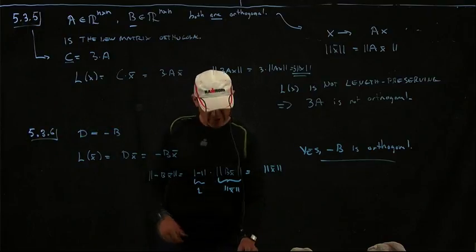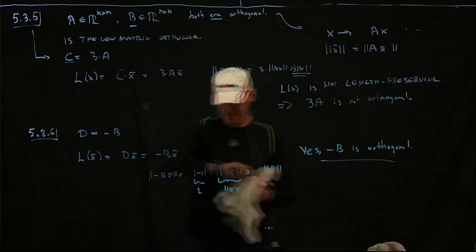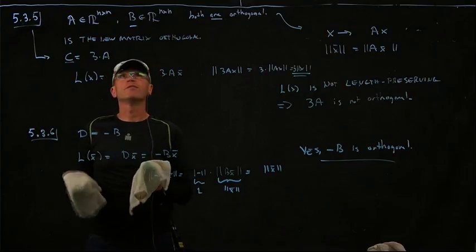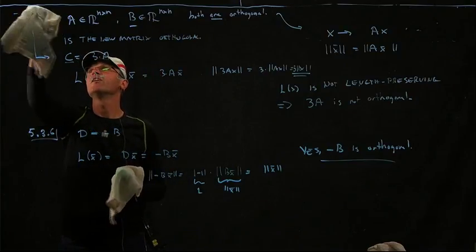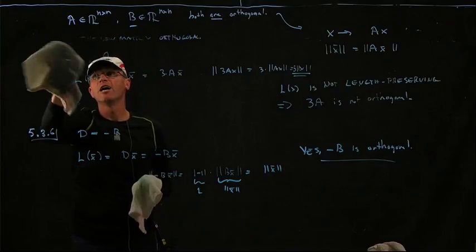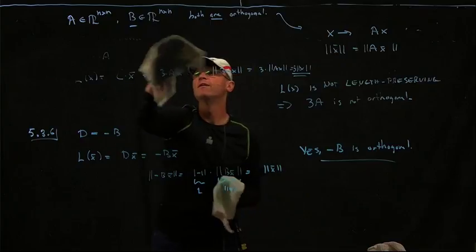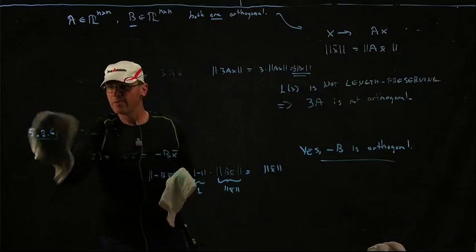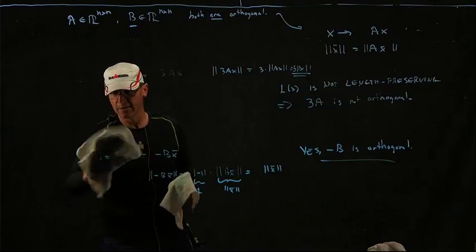We have a bunch more problems like this. I think we can probably do all of them. So we still have our A and B matrices that are both orthogonal. We have added a little bit more information.